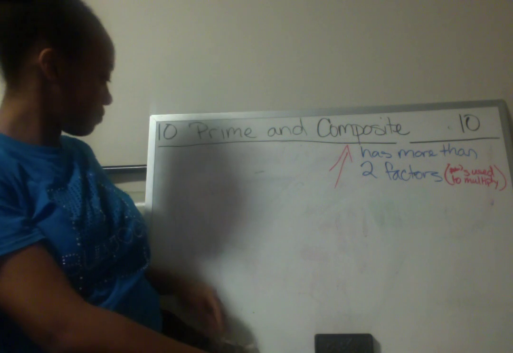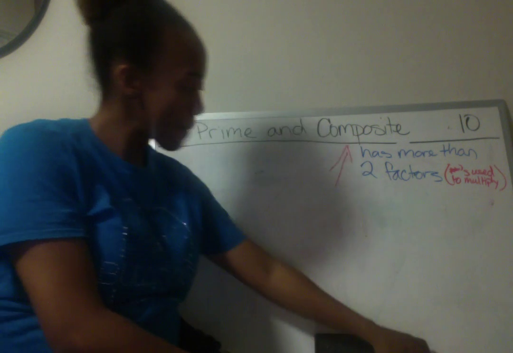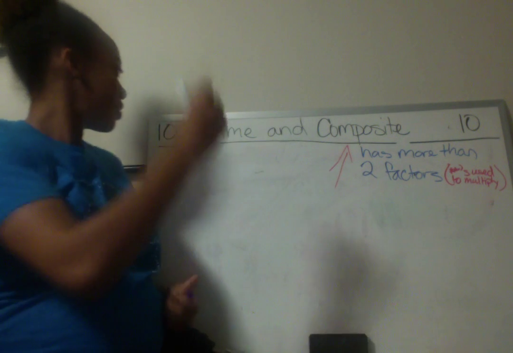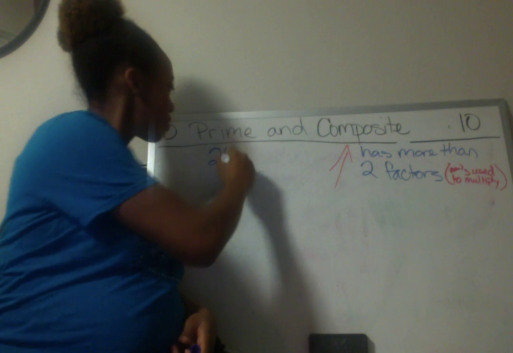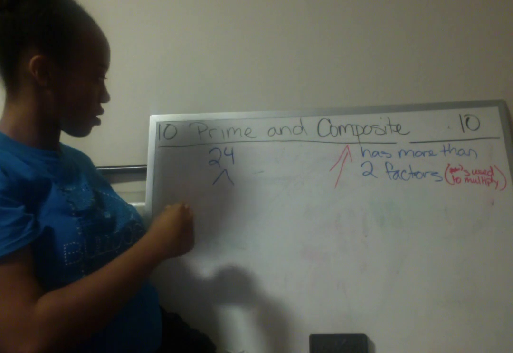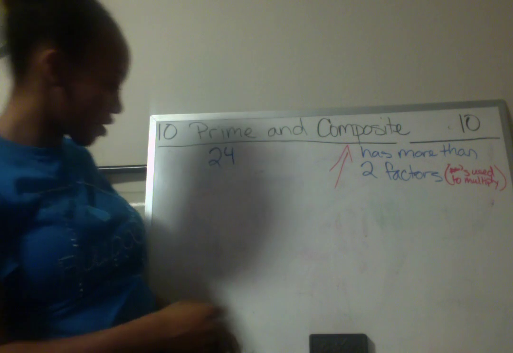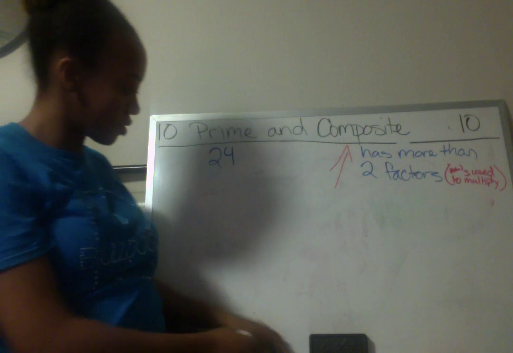Let's do 24. That's a good one. 24. Oh wait, that's not what I do first. And as you get better at this, you don't have to write out the numbers in between.